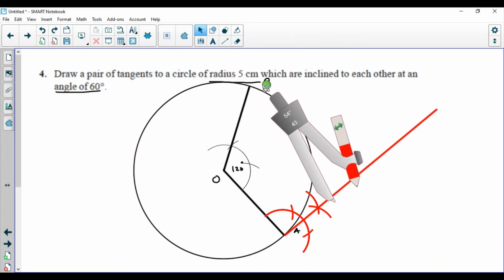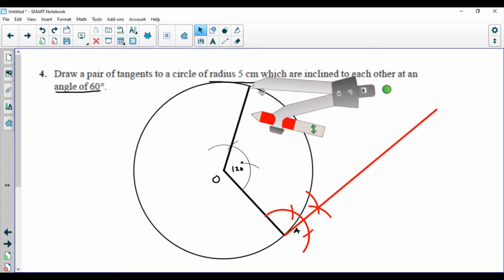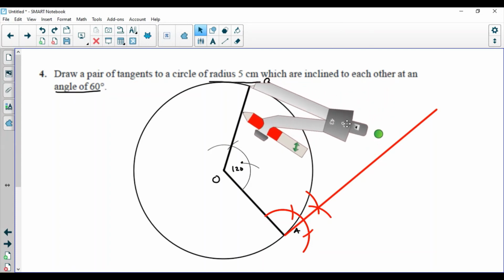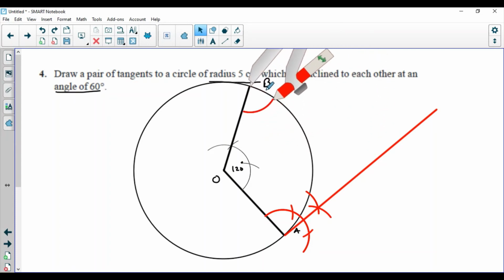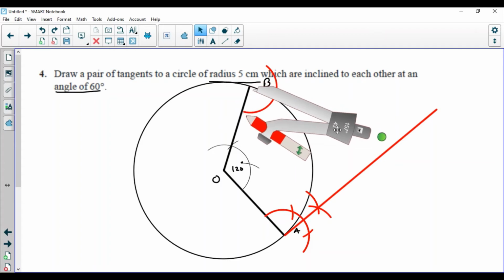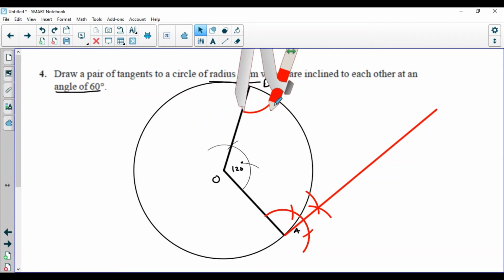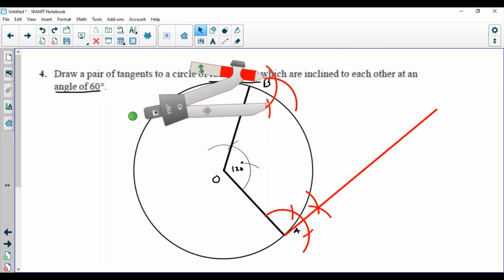Why we are drawing 90 degree? We should know by radius tangent theorem, if PA and PB are the tangents, so OA and OB and PB should meet at 90 degree. Okay, so draw one semicircle, keep the setting same, radius same, draw one arc here. This will be our 60 degree. Keep the radius same, draw 120 degree.